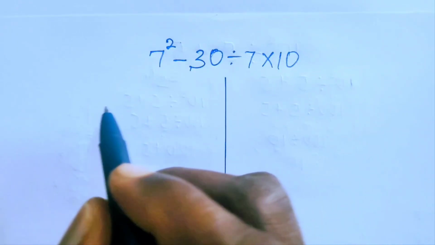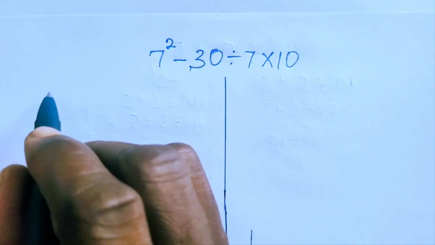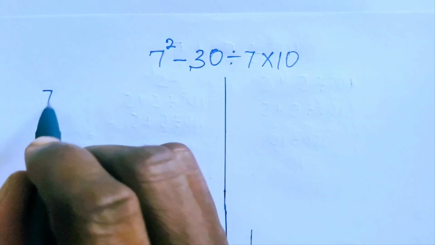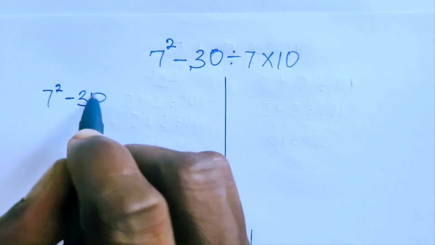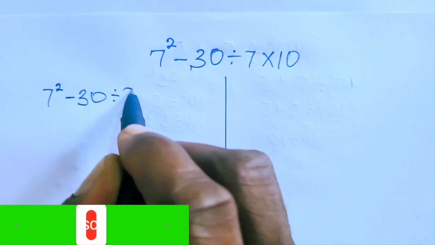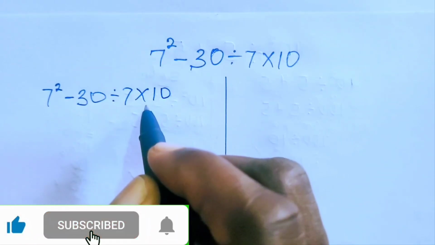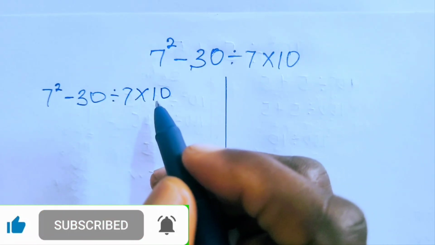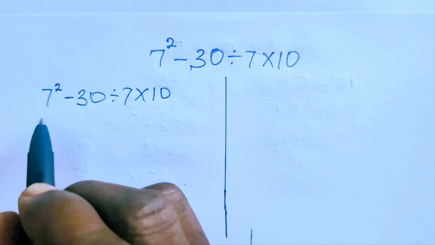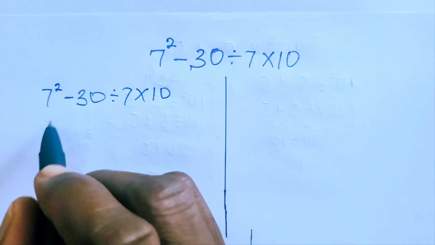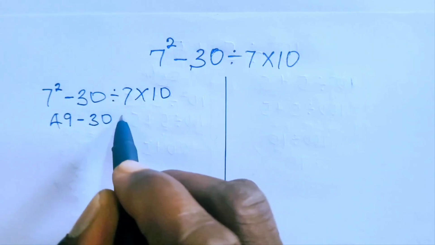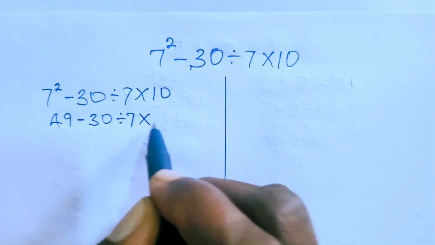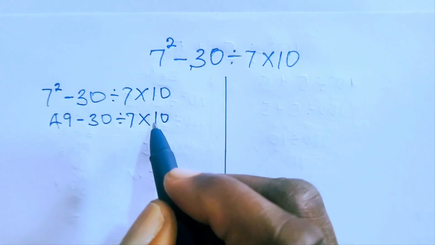Look at what many people do here. We have 7 to the power of 2 minus 30 divided by 7 multiplied by 10. Many people start with 7 to the power of 2, that gives 49 minus 30 divided by 7 multiplied by 10.